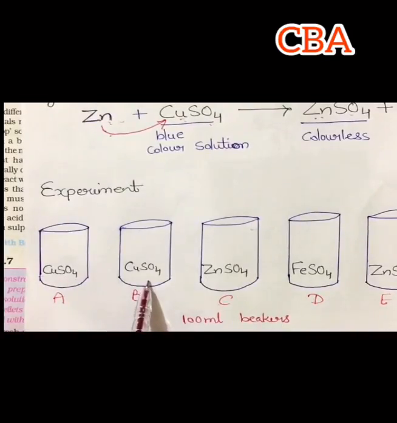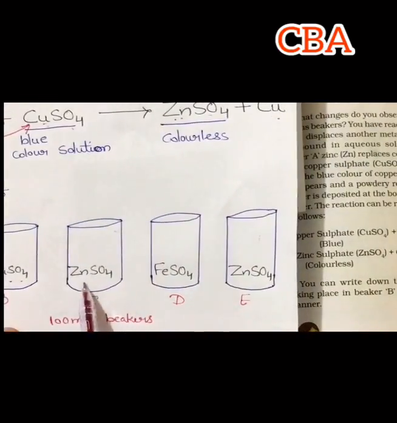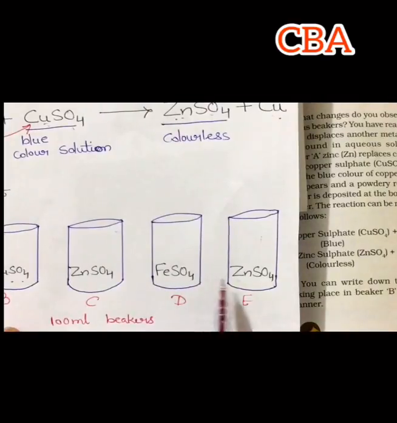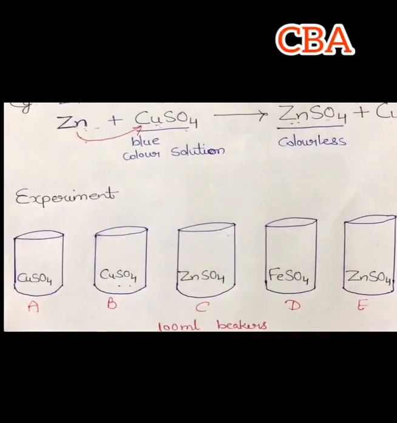In the second beaker also I am taking copper sulfate solution. In the third beaker I am taking zinc sulfate solution, ZnSO4. In the fourth beaker I am taking FeSO4. And in the last beaker I am adding ZnSO4. So now we have 5 different solutions of metals.